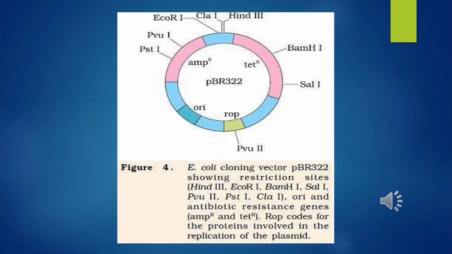P denotes that it is a plasmid and BR stands for Bolivar and Rodriguez, who constructed this plasmid, and 322 is the number given to distinguish this plasmid from others developed in the same laboratory. For example, there are plasmids pBR325, pBR327, pBR328, pBR345, etc.